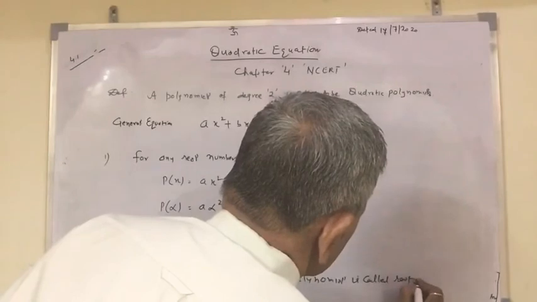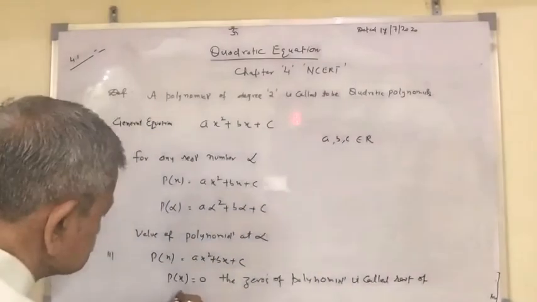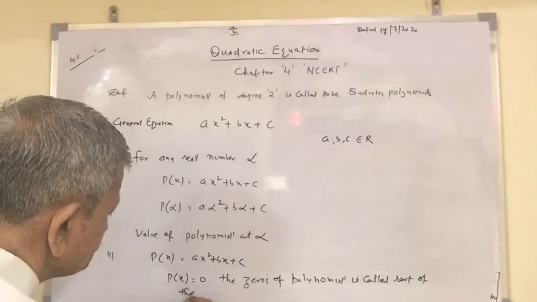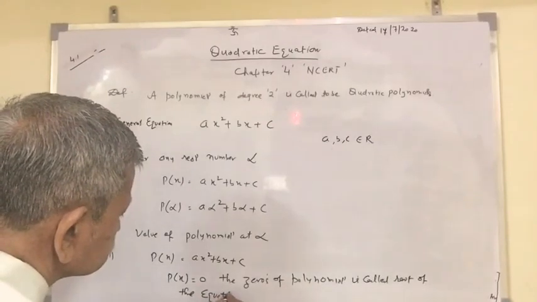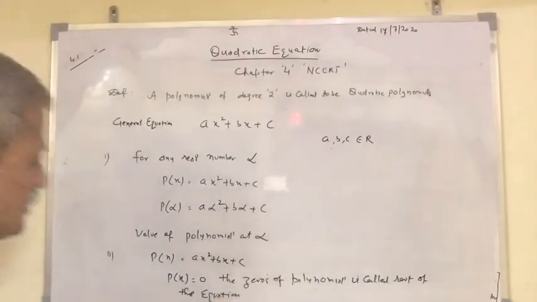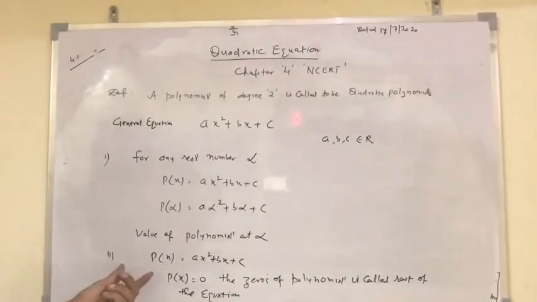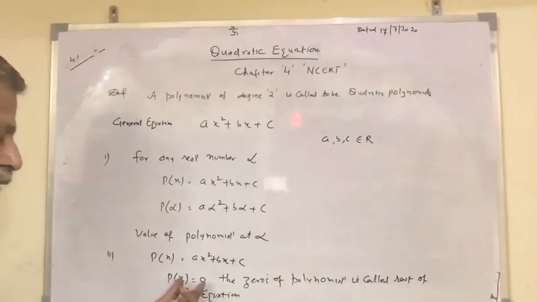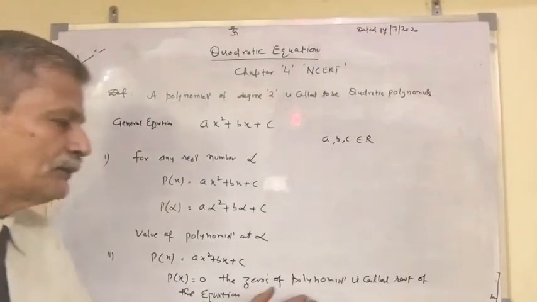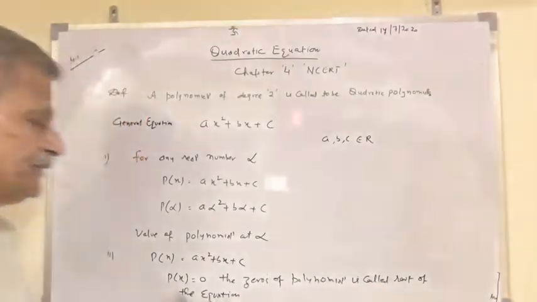If you are given any polynomial and you calculate its value at 0, then whatever value comes out is known as the root of the equation.